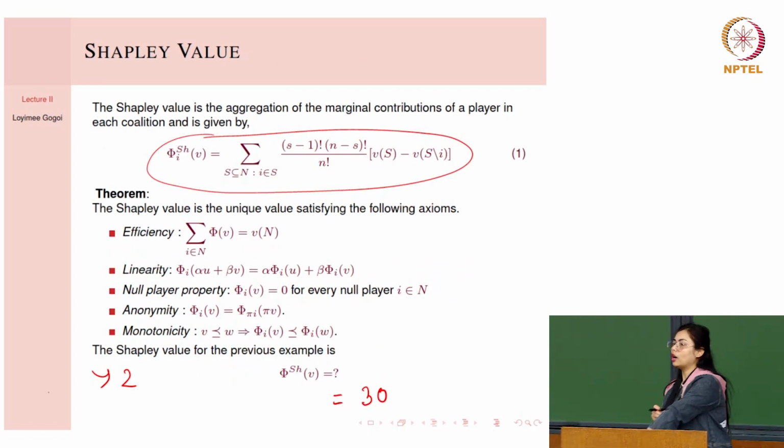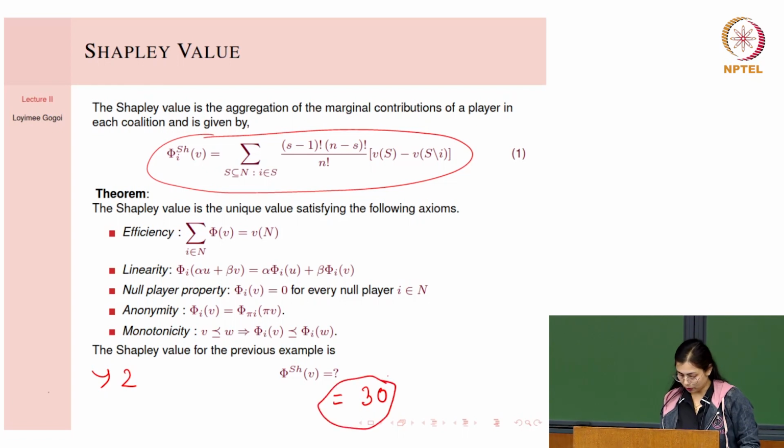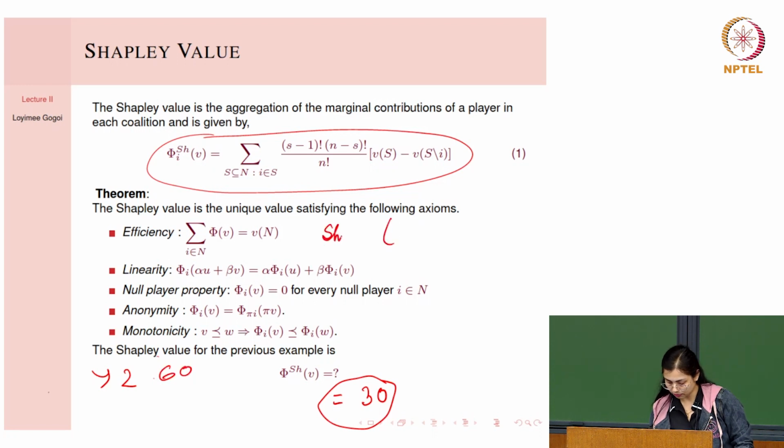Okay, so the Shapley value for player 1 is 30, and let me tell you, because I have calculated for player 2 it should be 90 or, oh no, sorry, 60, and the other player it will be 110.